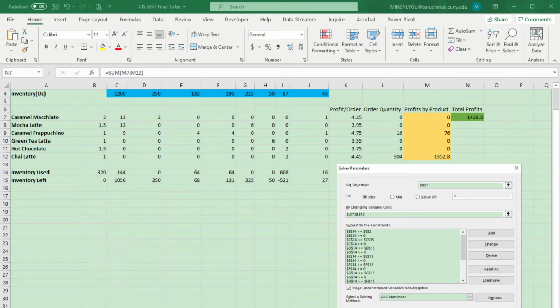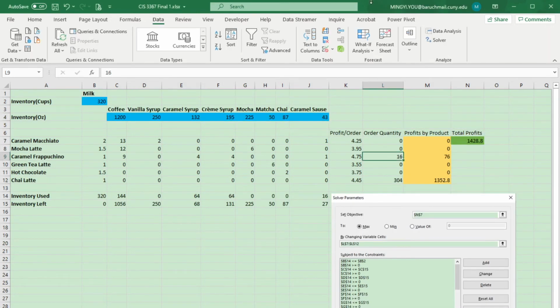In my first try, I did not place the constraint for integer for order quantity. So two of these numbers came out with decimals. Apparently, you cannot order half a coffee, so they're wrong. And the second time after I placed the constraint, the numbers come out like this.